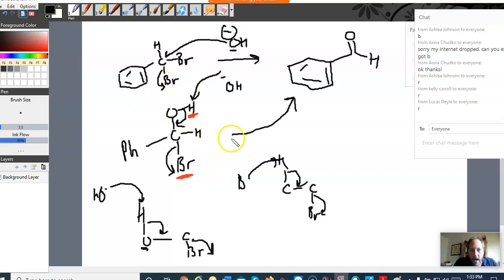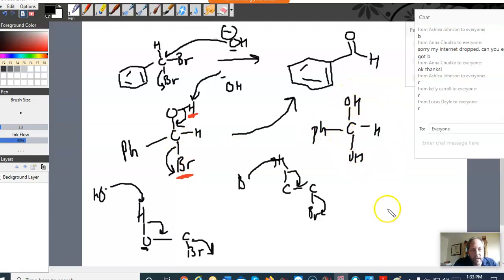A lot of people try to do this. They try to have a carbon with two hydroxides on it, two H's, and then they'll have the hydroxide again add into there and replace a bromine. All right, if you notice, that's a hydrated carbonyl.